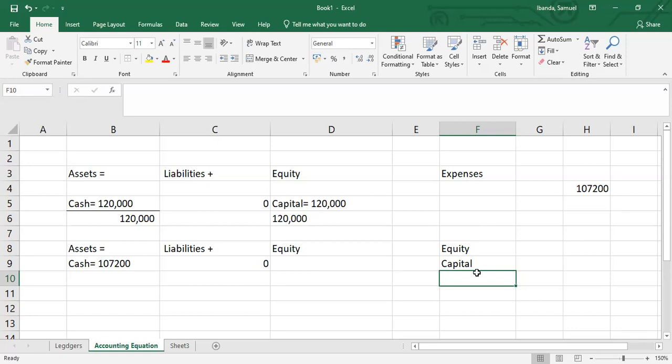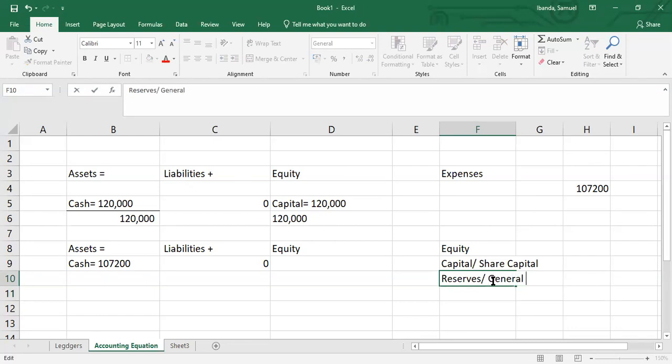Apart from capital, which can also be share capital for a corporation, equity can also be reserves, which can be called general reserves.